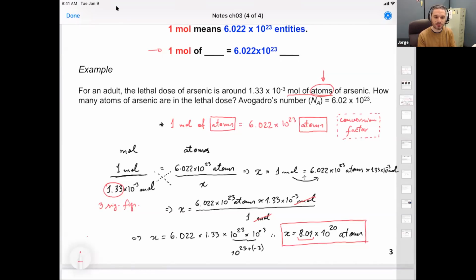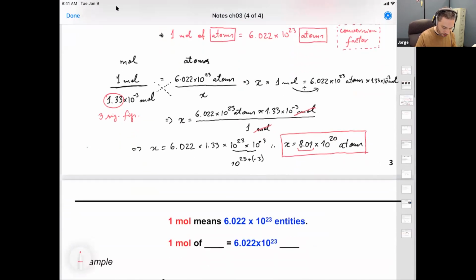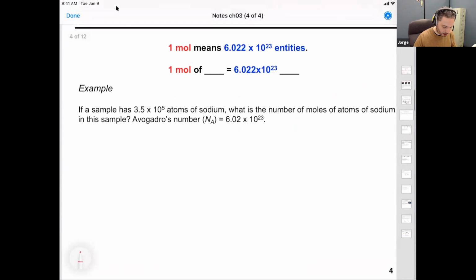It's really easy to get lost or make a mistake when you are dealing with powers. Pay attention to the number of sig figs, and if you follow all of that, you should not have too many problems. I would like to solve one more example, and then we can move on from here.